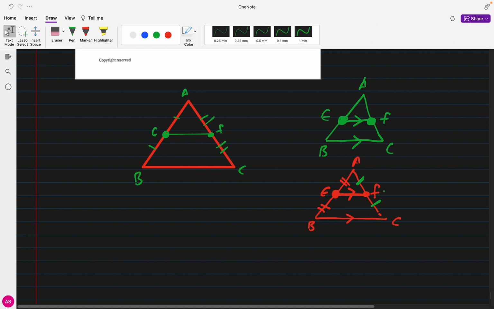So now, let's go to the definition of the midpoint theorem and just try to understand what it says. The midpoint theorem states that the line segment connecting two midpoints of a triangle is parallel to the third side and half the length of the third side.